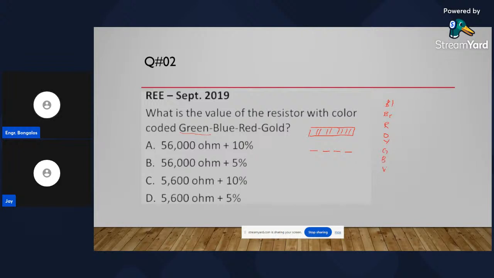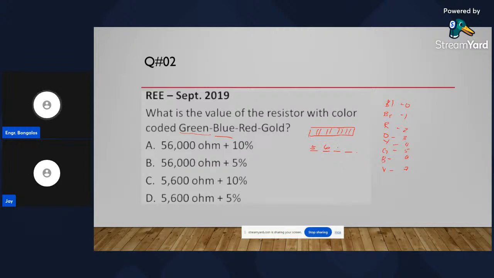So meron tayong 0, 1, 2, 3, 4, 5, 6, 7. So yung green natin is 5. So meron tayong 5. Then next, blue. So meron tayong 6. So 6. Then red ulit.